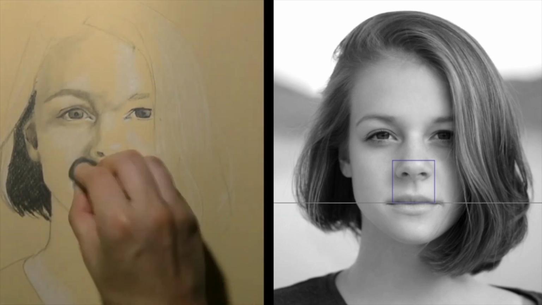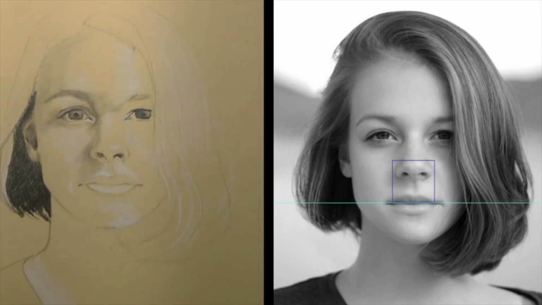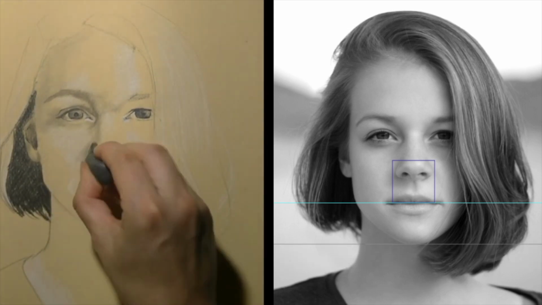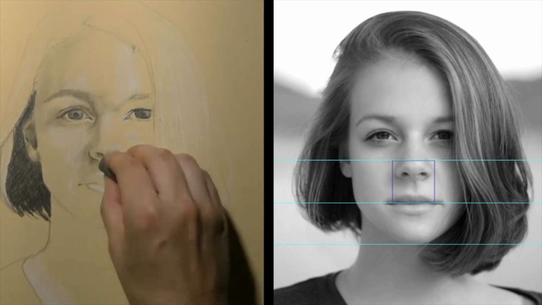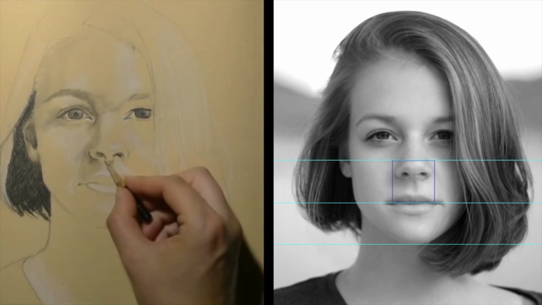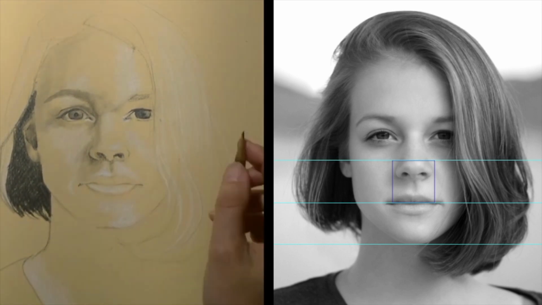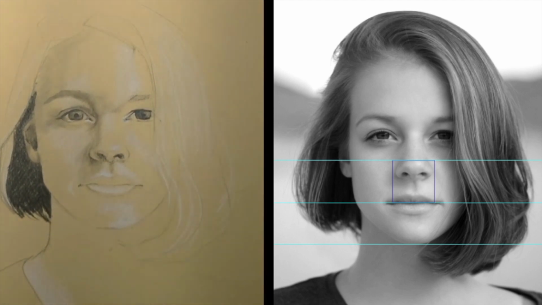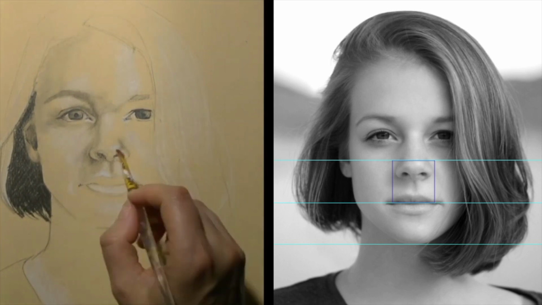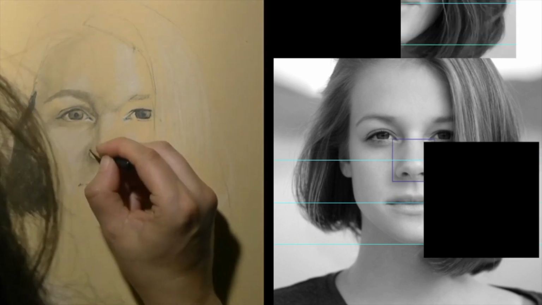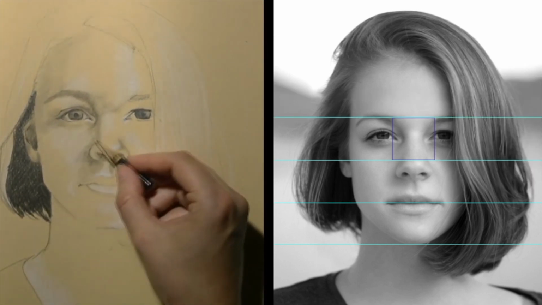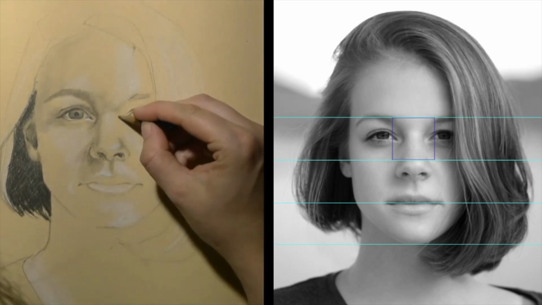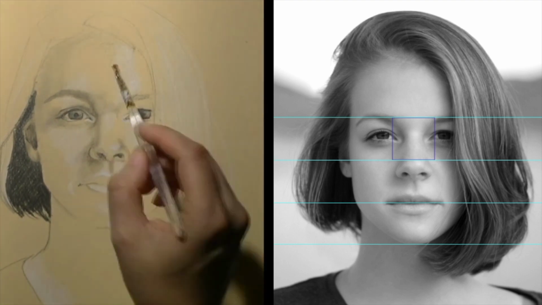Okay, so that was this measurement, that was 1, and then here it's what's above it, and see what kind of information fits in a square when you move the square up. And then one more square takes you to the end of her eyebrows.